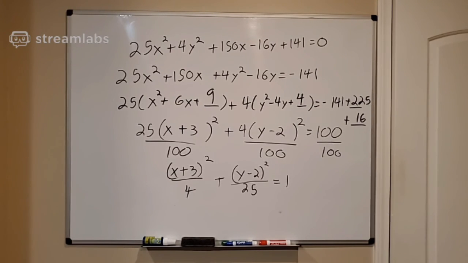So you'll have 2 plus the square root of 21, and then 2 minus the square root of 21. And you would leave it just like that. Do not mess with it unless they ask for a decimal approximation. You'll leave it just as 2 plus and then 2 minus. And the x value will stay the same, that negative 3. So remember, on your moving up and down, the x value does not change, only the y value does.